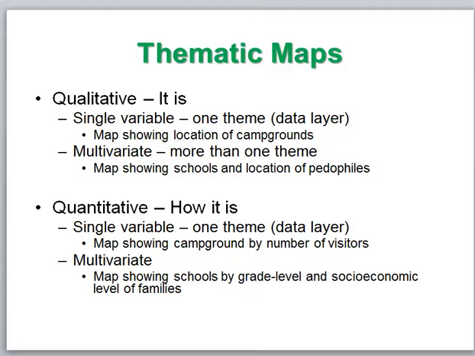So we have 2 variables being mapped on our final project. Quantitative as well, you can have one single variable mapping the campgrounds and another variable mapping the number of people that visit that campground. So you would have multivariate mapping there.